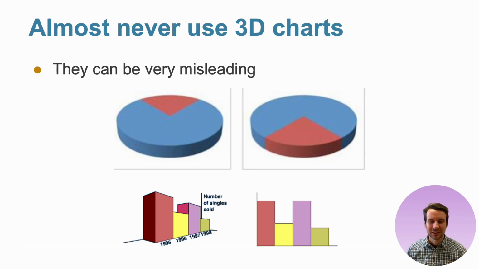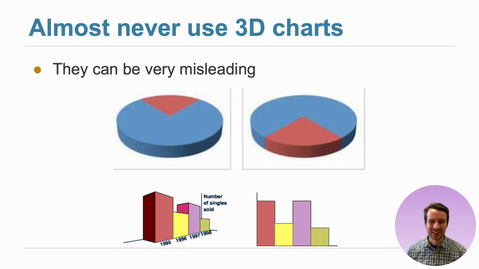If you look at the examples with the red and blue pie chart, it represents the same size in both pictures, but on the right one the red looks much bigger than on the left, just by rotation and the perspective, right? And same on the chart below.